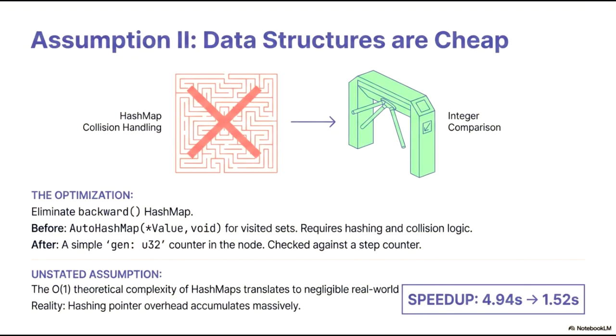To optimize this, we eliminated the hash map in favor of a simple 32-bit unsigned integer counter embedded within each node. This value is checked against a global step counter, replacing heavy hashing logic with a straightforward integer comparison. This fundamental shift from complex data structure management to basic arithmetic resulted in a substantial performance gain, bringing our execution time down from 4.94 seconds to just 1.52 seconds.